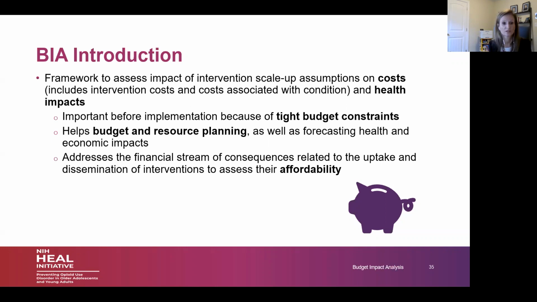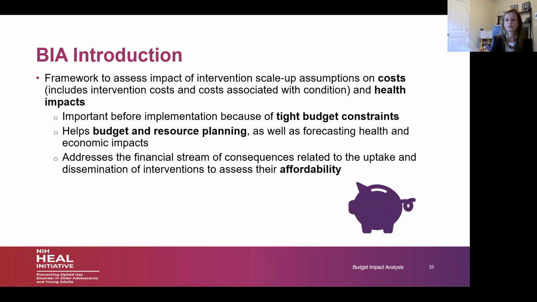And that is where the budget impact analysis comes in, because it addresses this specific issue of affordability. And as a result, it is increasingly used as a complement to the cost effectiveness analyses.